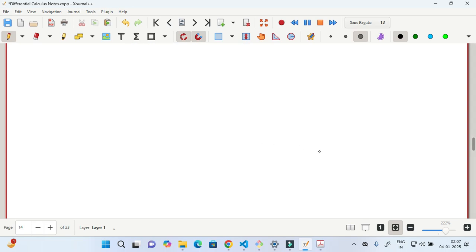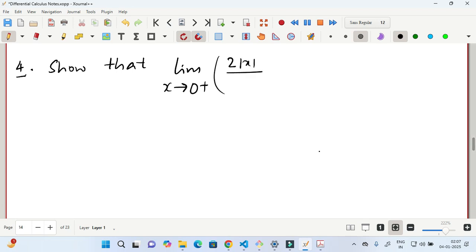So the other problem is what? Show that limit x tends to 0 plus of 2 modulus of x by x plus x plus 1 is equal to 3.